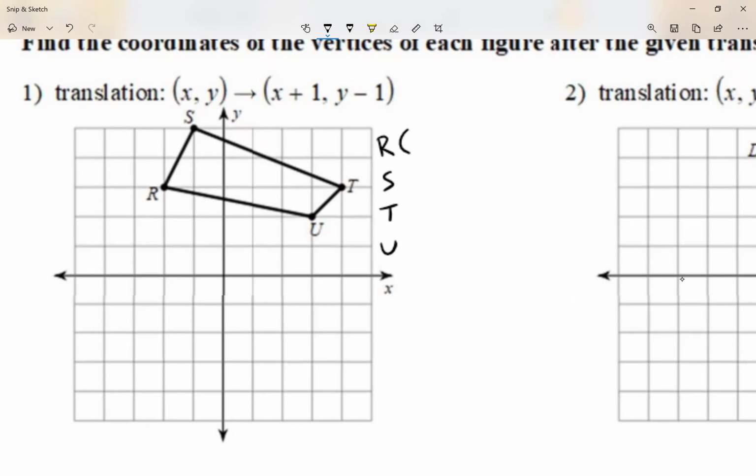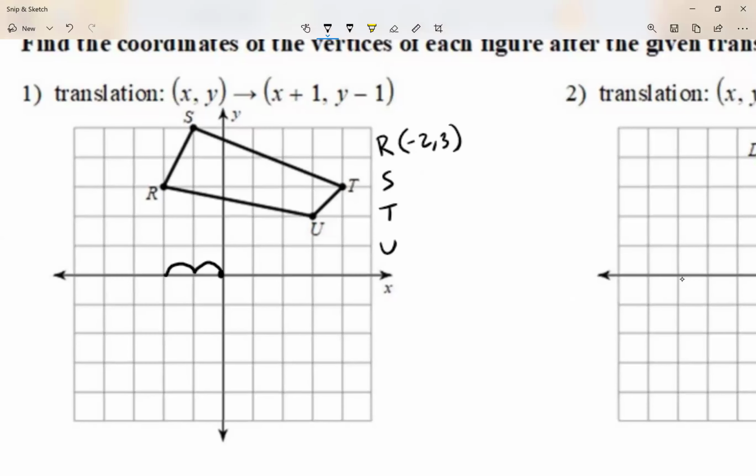The coordinates of point R are -2, +3, because starting from the origin, I go 2 to the left, so that's a -2, and I go 3 up, so that's a +3.